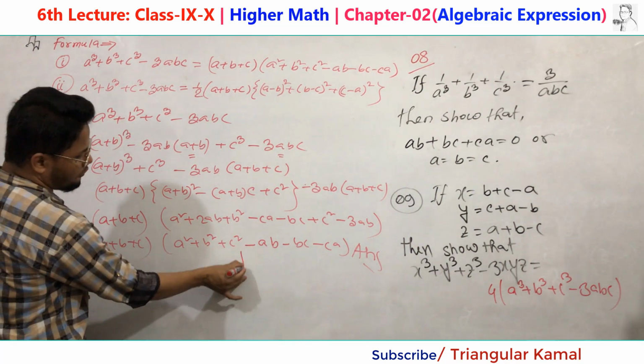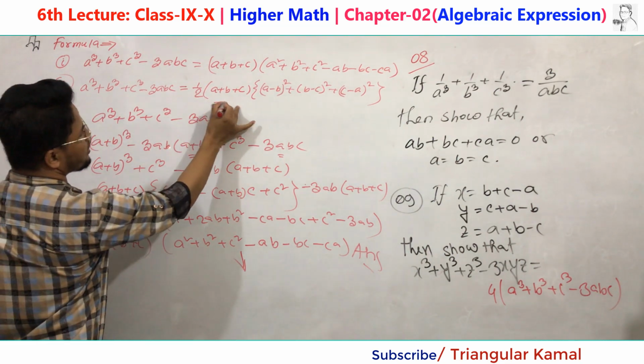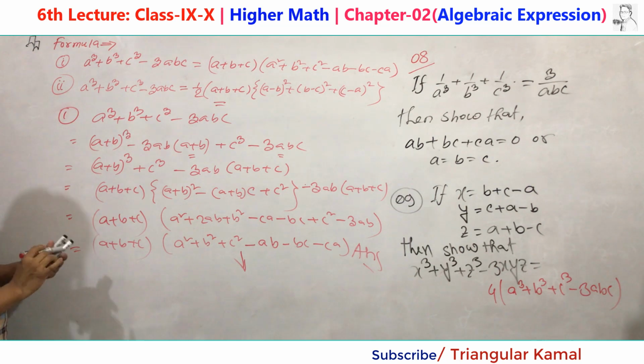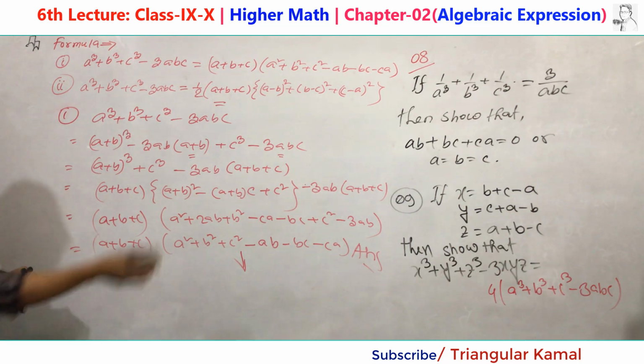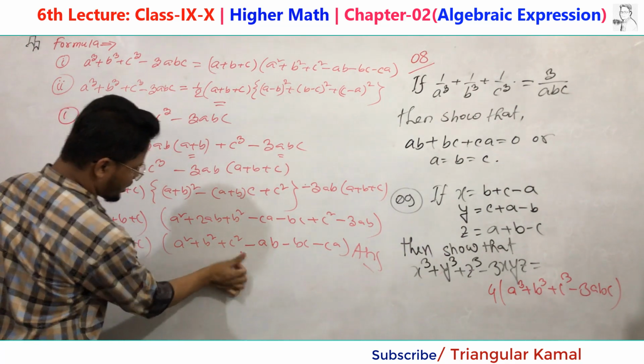Now we will do a simple calculation from the second part to get the corollary form. Start from here.